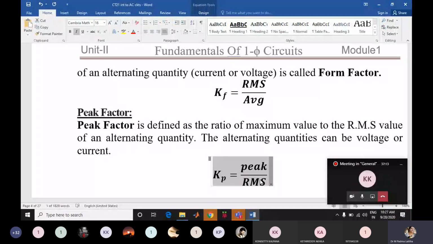After that, we will go for the sinusoidal waveform. Sinusoidal waveforms are very important because in AC circuits we are using AC sources, that is, an alternating voltage source and an alternating current source, which are only sinusoidal.